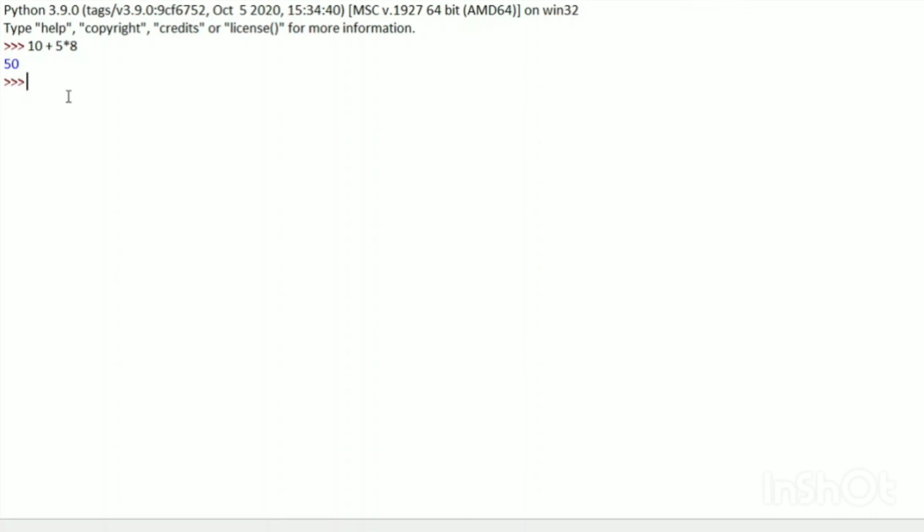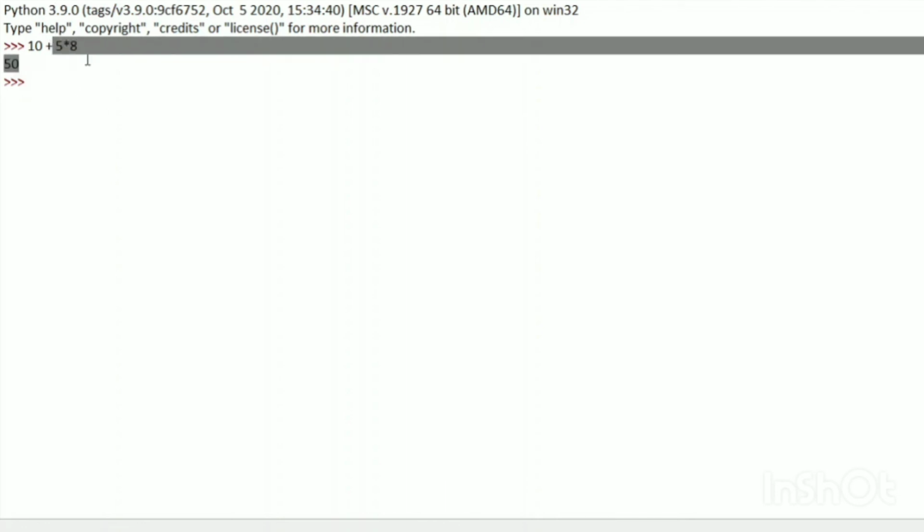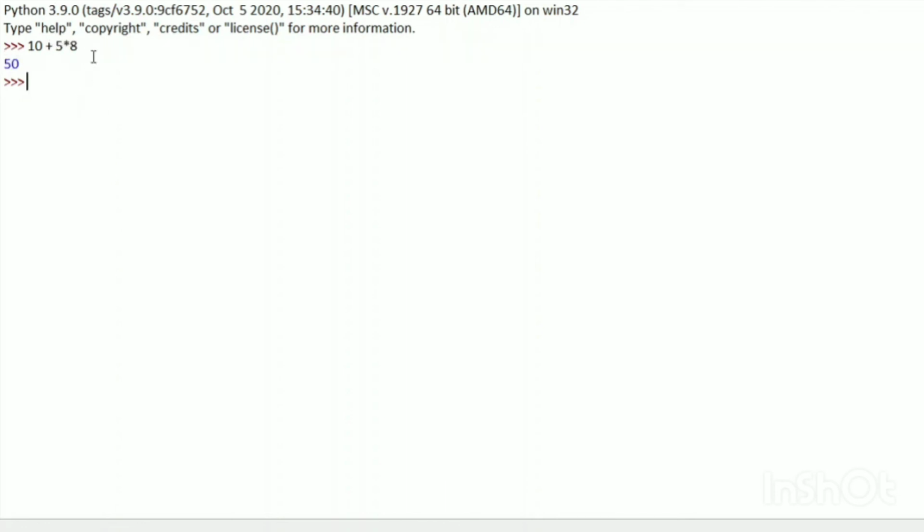According to that, first Python will solve multiplication. If there was a division problem here, Python would solve the division first, then multiplication, and then the addition. Here there was no division problem, so first it solved 5 into 8, which is 40, and then added 10 to 40, which is 50.